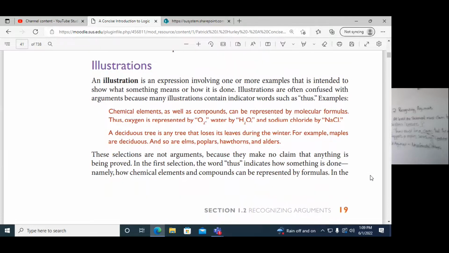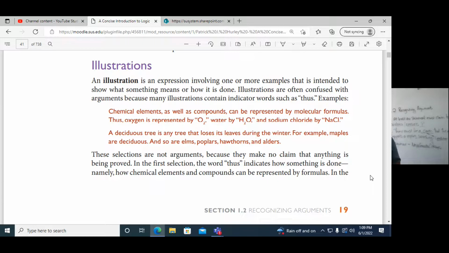Illustrations. An illustration is basically an explanation. No, it's not an explanation. That's the wrong word. It's an example, right? Using words to convey information using an example. Oftentimes the illustrations with words could come with pictures that would convey the same level of information.